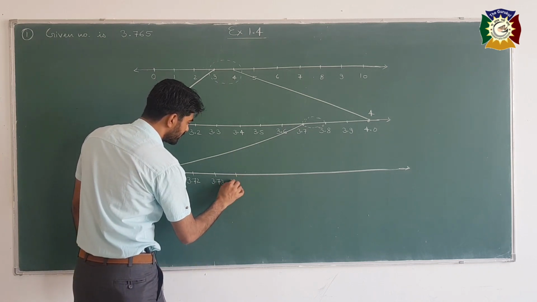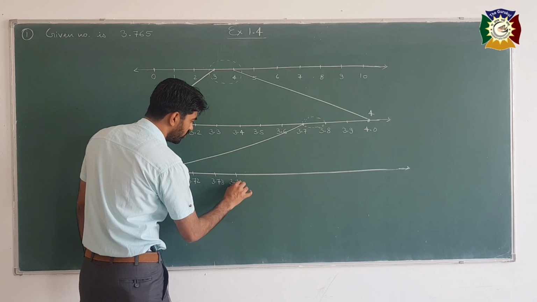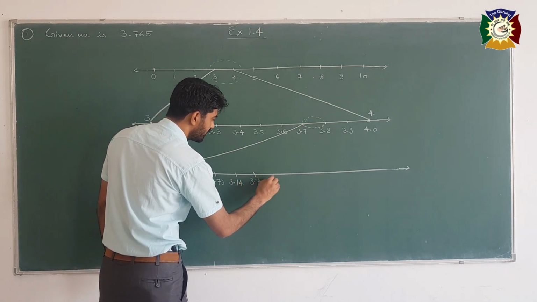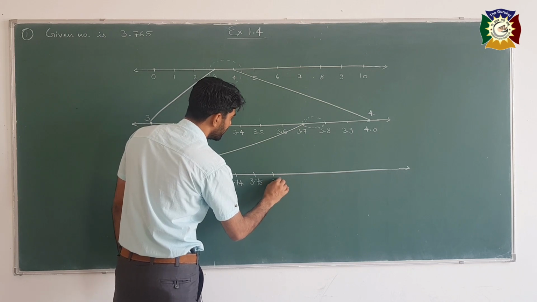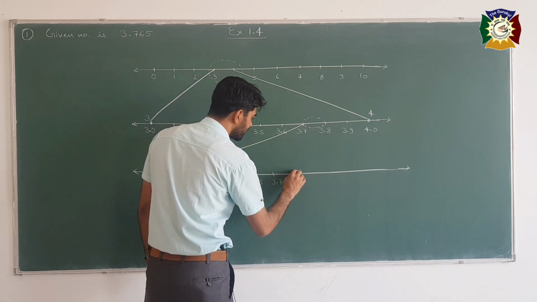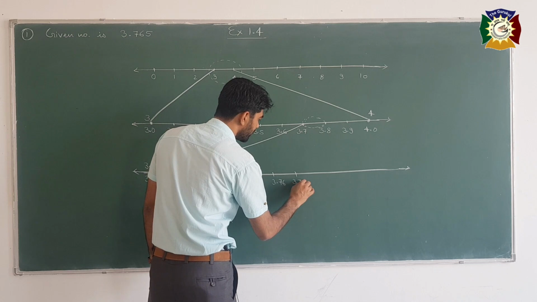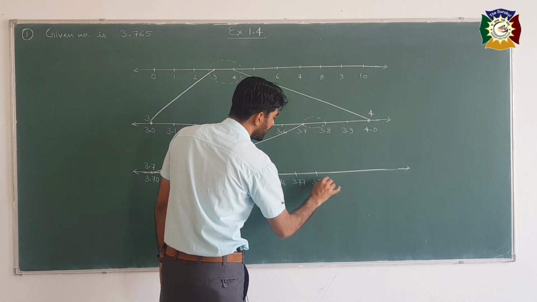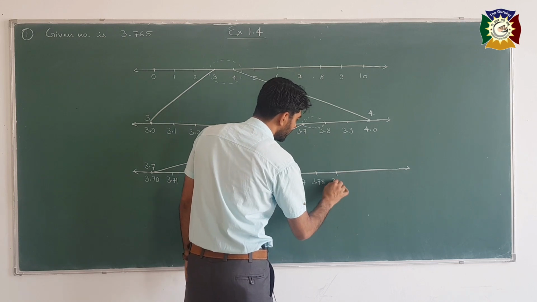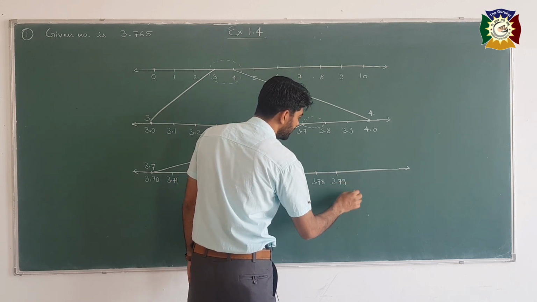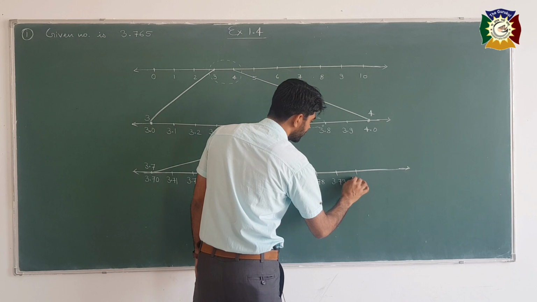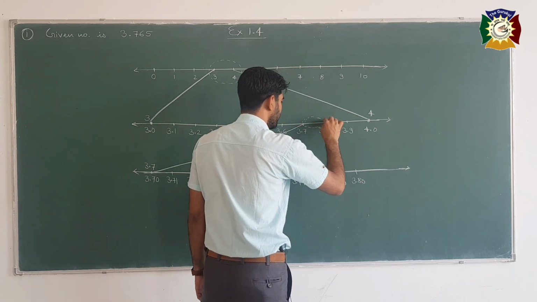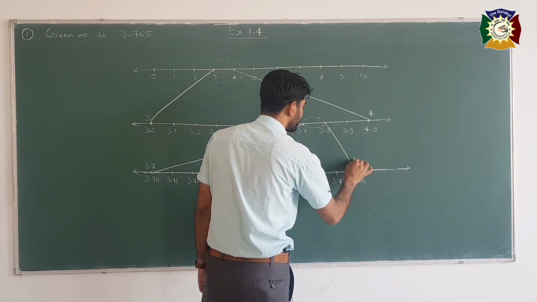Then 3.74, then 3.75, 3.76, 3.77, 3.78, 3.79 and 3.80, and 3.80 is nothing but 3.8.